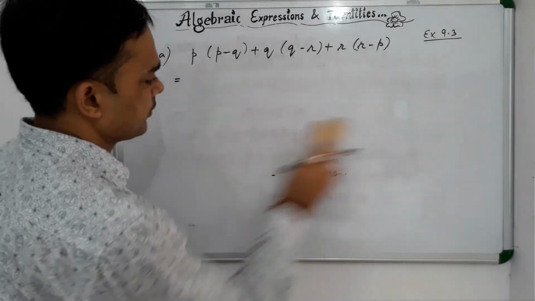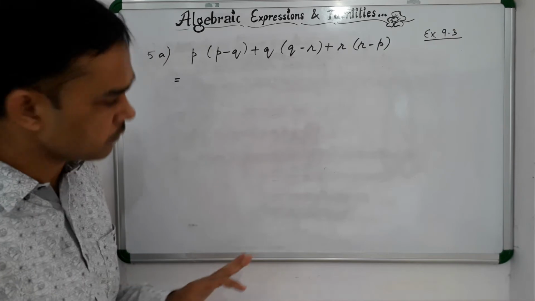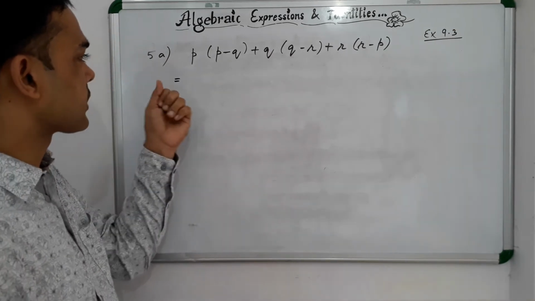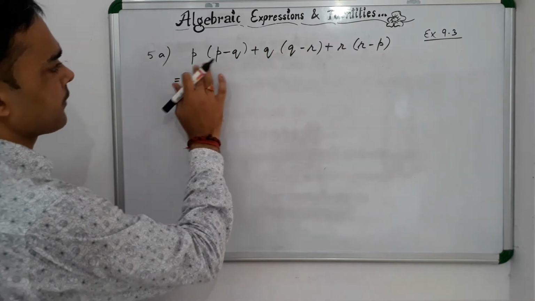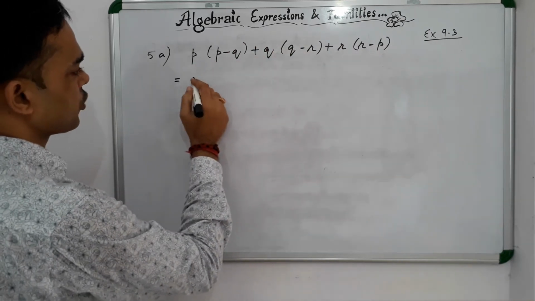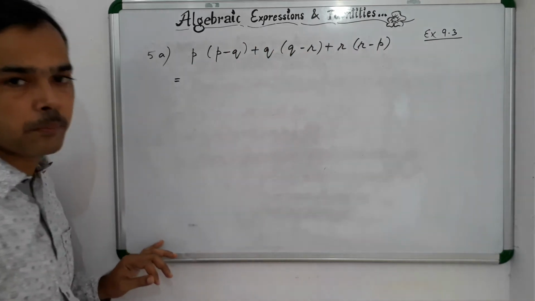And you know that when you multiply this binomial by a monomial, it will be first P into P. So P into P will be P square.